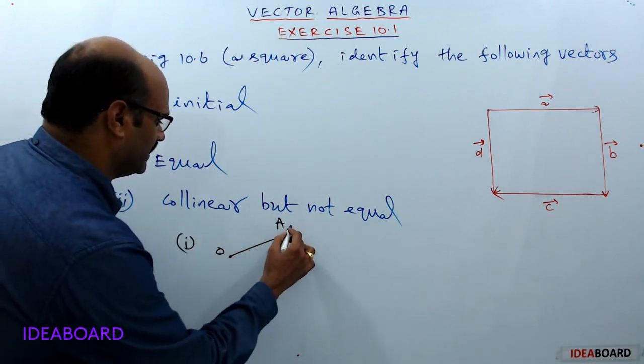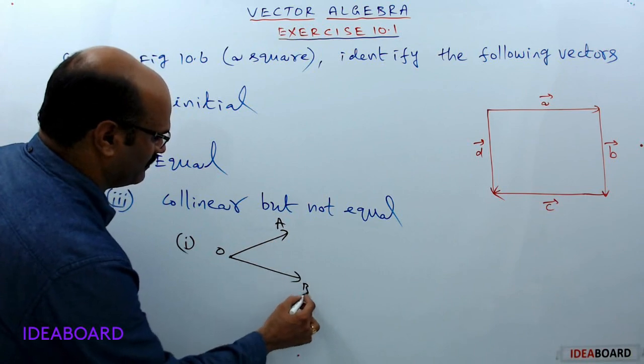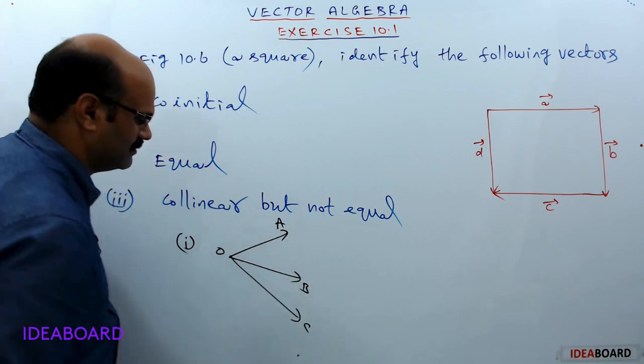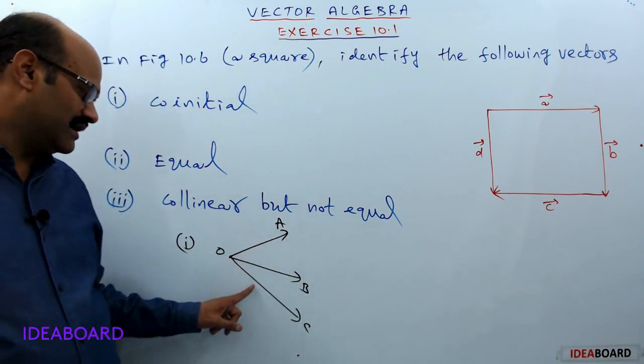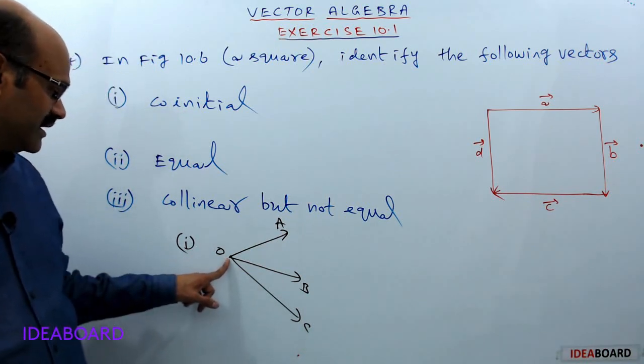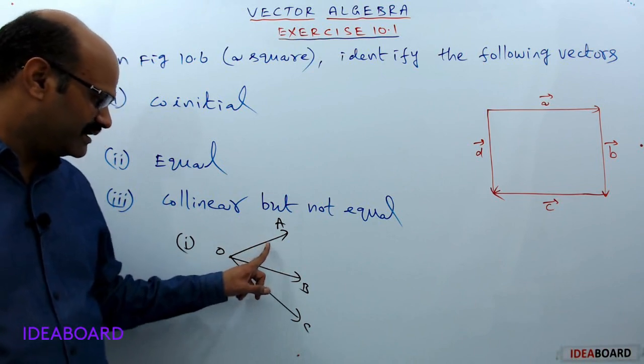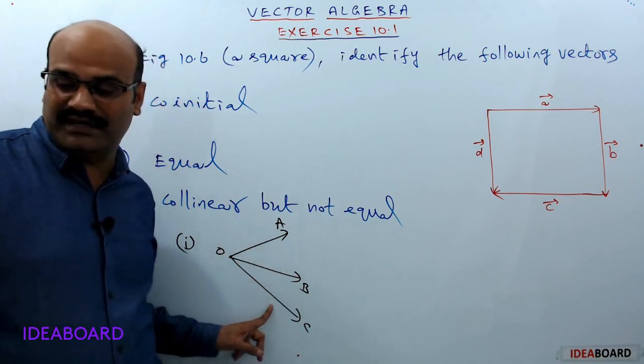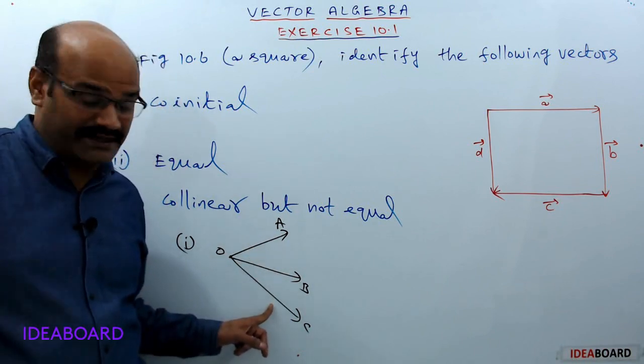See, OA vector, OB vector, OC vector, all these three vectors are having the same initial point O. So we say that these vectors OA vector, OB vector and OC vector are co-initial vectors.